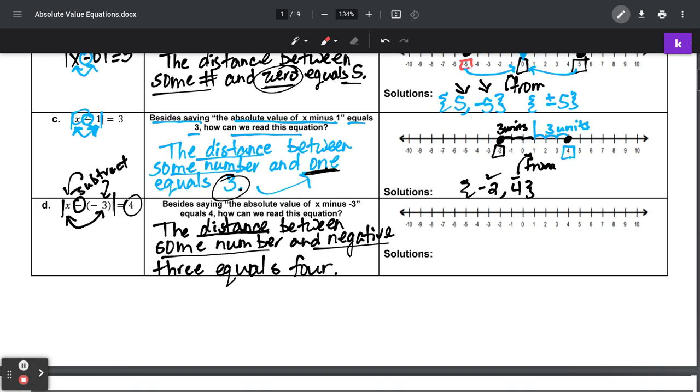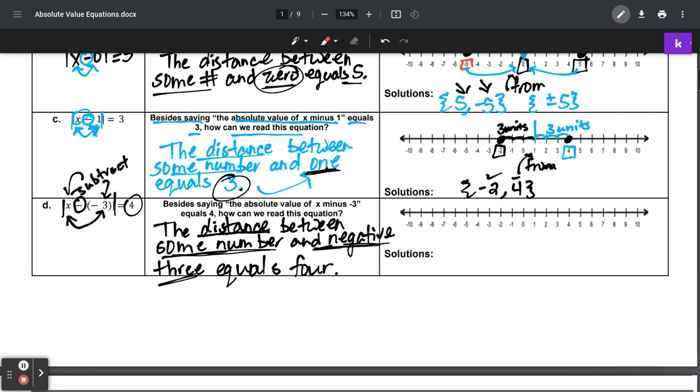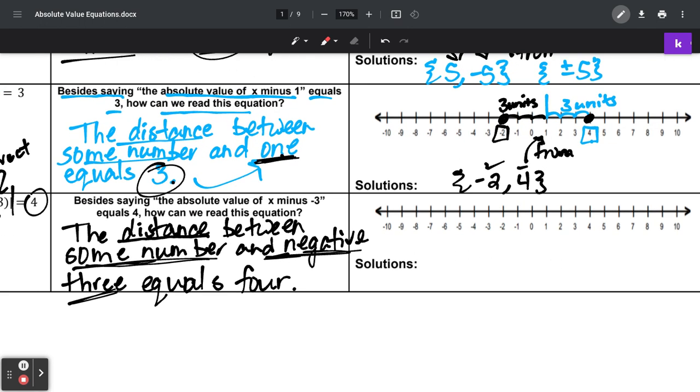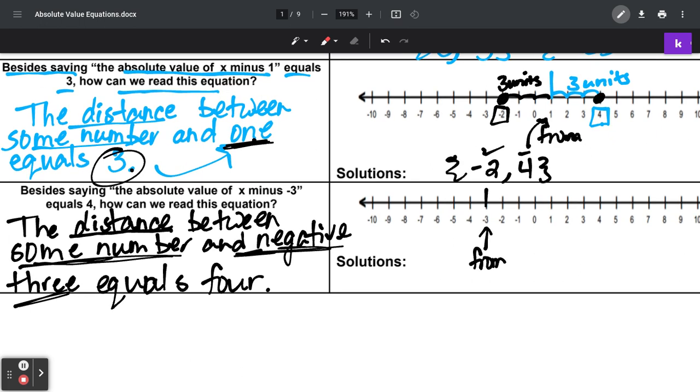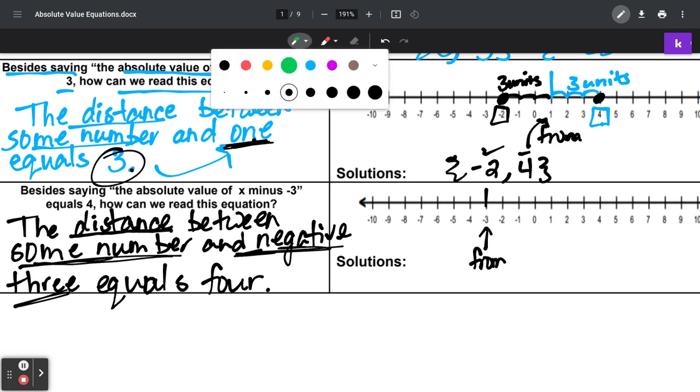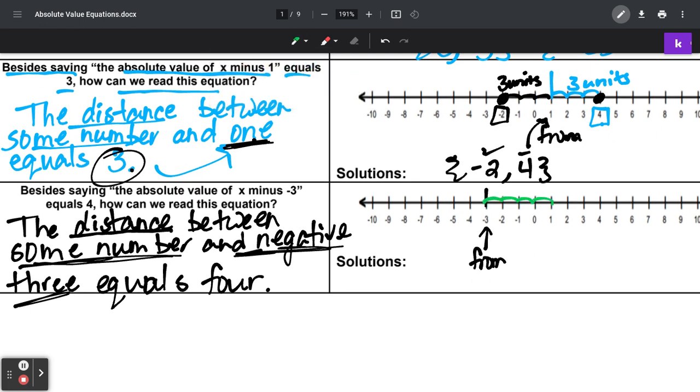So I'm trying to find the distance between some number and what other value? -3. So I'm going to go over here and find -3. I know it's got to be from -3, guys. So what number is 4 units from -3? Well, there are actually 2. Let's just count over and see. 4 units from it. 1, 2, 3, 4. 1 is 4 units from -3.